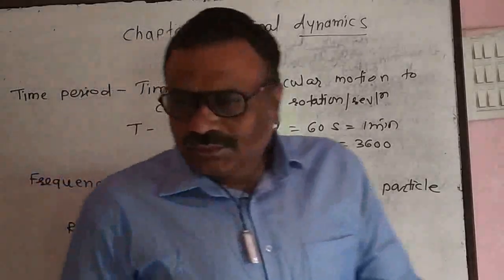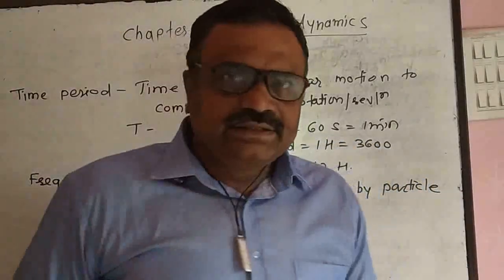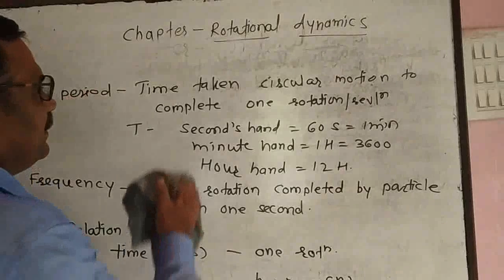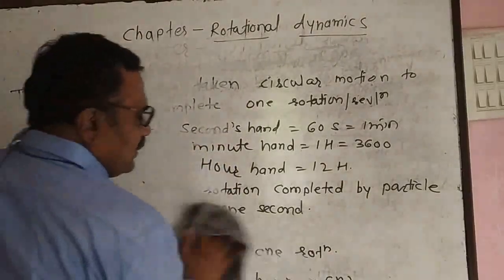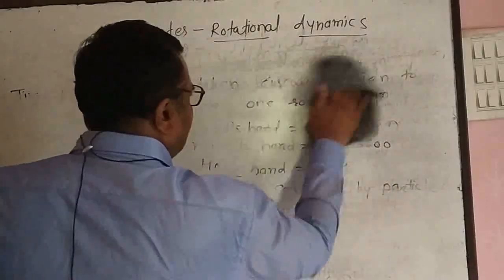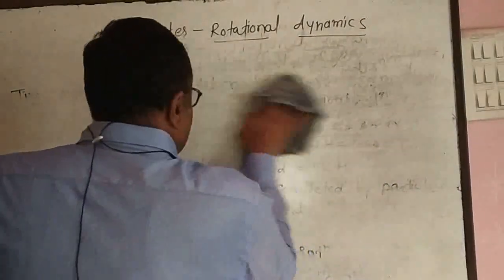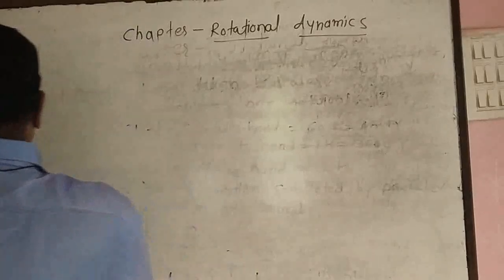Now, we discuss the relation between linear velocity and angular velocity in a circular motion.